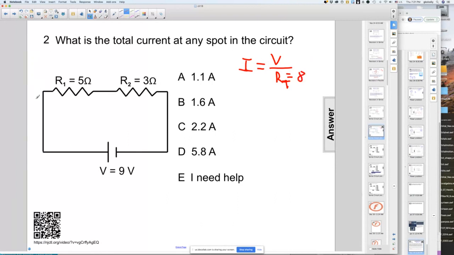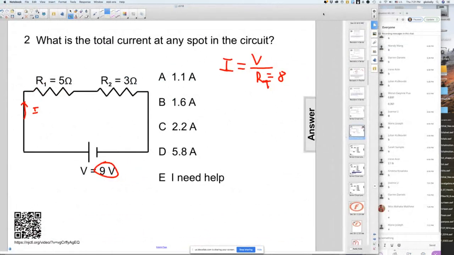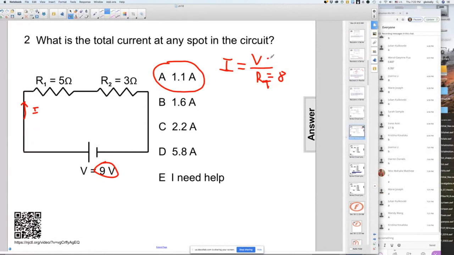So what is the current running through each of these? Use the formula: V is 9, so 9 divided by 8 is about 1.1 amps.